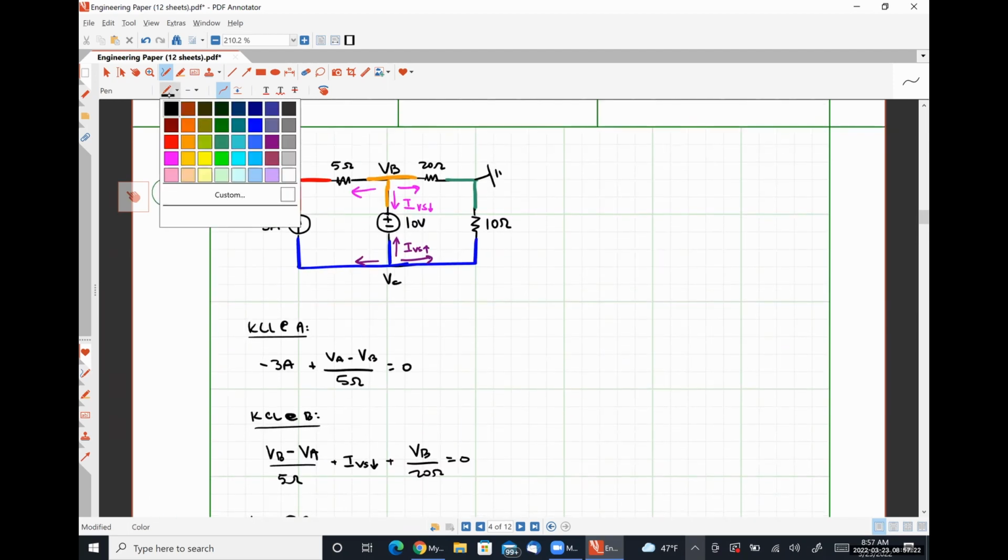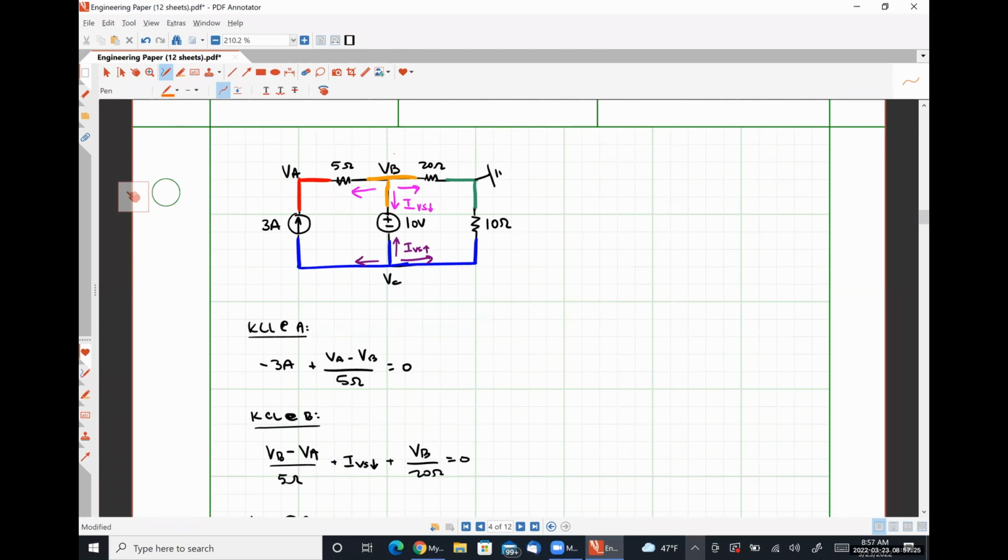All right, so what I'm going to do is just enclose these two nodes together. Anytime I have a voltage source, I'm going to have a supernode.